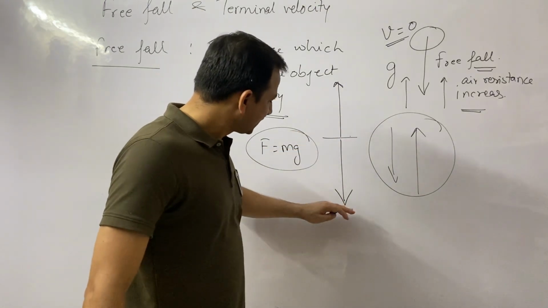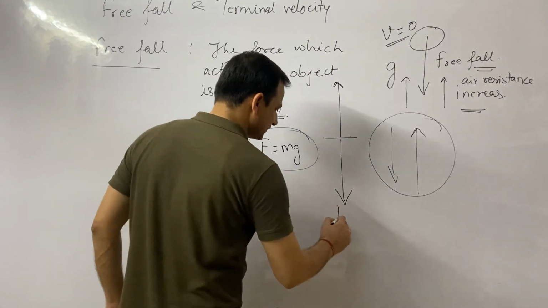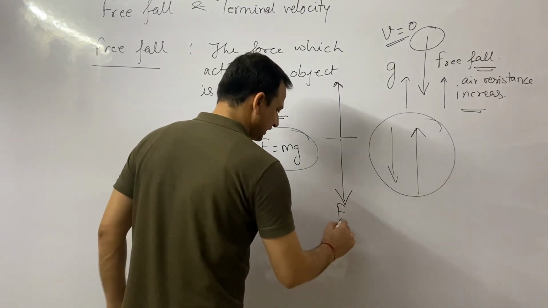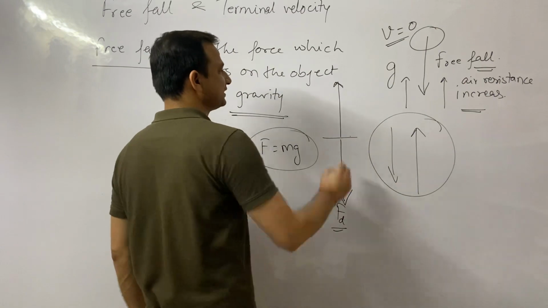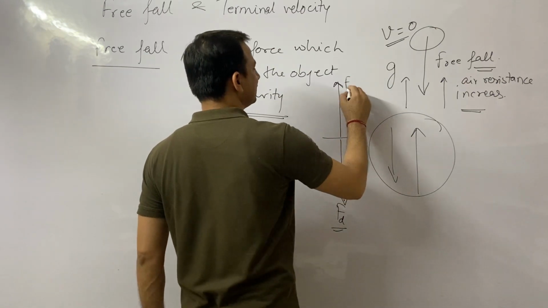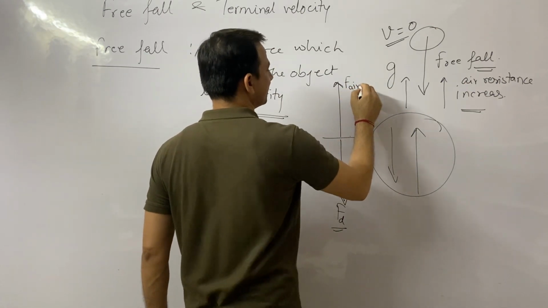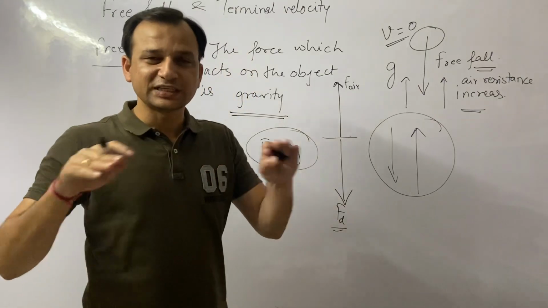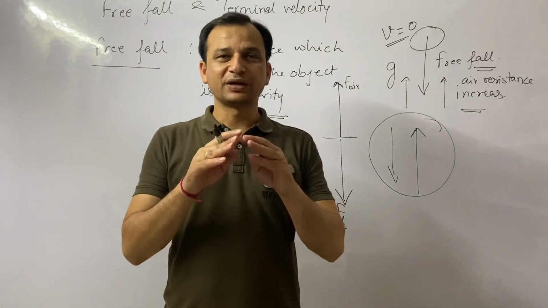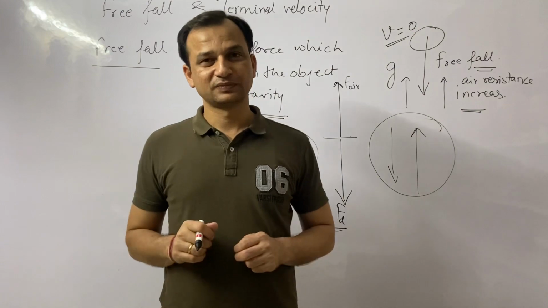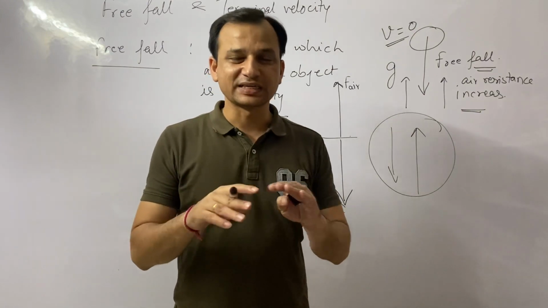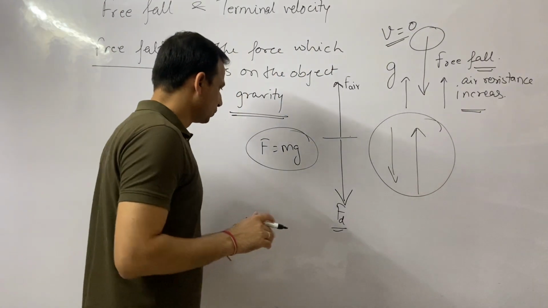So when the downward force, which is F down, is equal to F air, then the velocity of the object becomes constant. Why? Because the acceleration becomes 0.